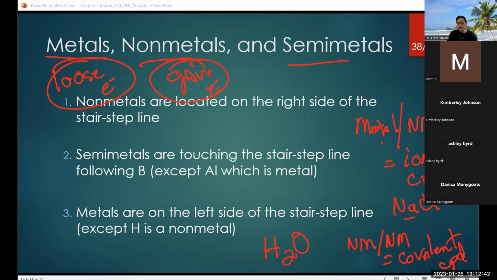Now, unlike ionic compounds, in a non-metal combination, think of it as this cap, okay? I'm holding a highlighter, here's the cap. Instead of being attracted to each other like ionic compounds, they actually form a bond. So here's one element, here's the other part.